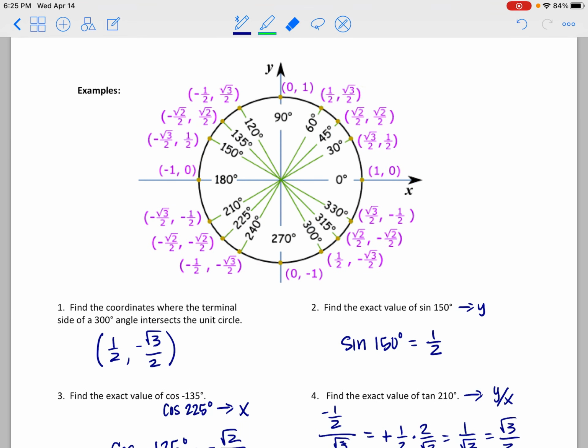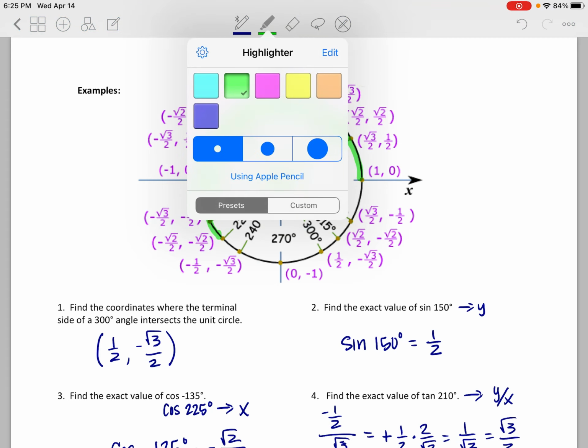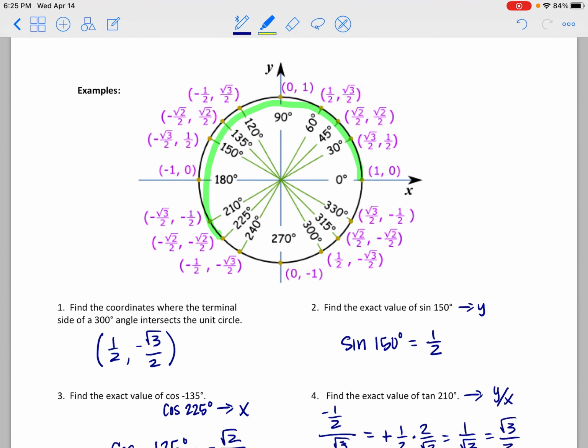If positive 225 lands here, negative 225 goes the same distance the other direction. So it's going to have to go halfway and then 2 more. Oops, I went too far. It's going to land us right there at 135, because 225 and 135 are coterminal.